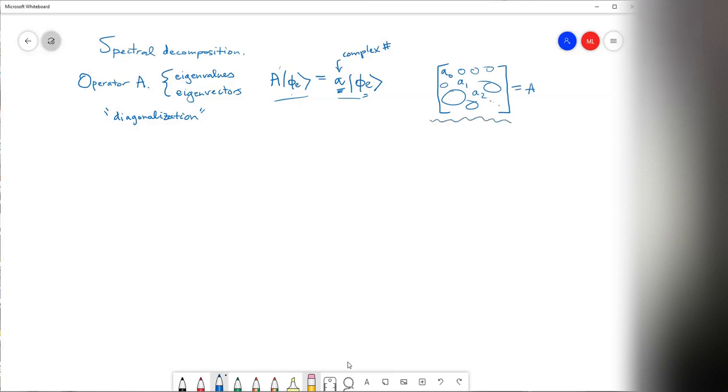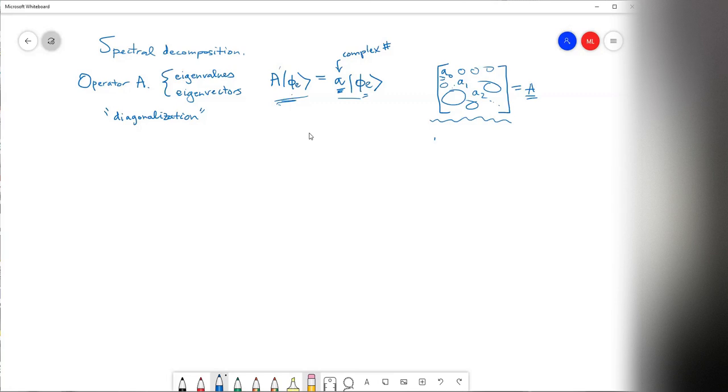So that's why it's called diagonalization. Using that set of vectors as a basis, this would be the 1, 1 entry for the first eigenvector, and this will be the second one. If you write it that way, you get a diagonal matrix.